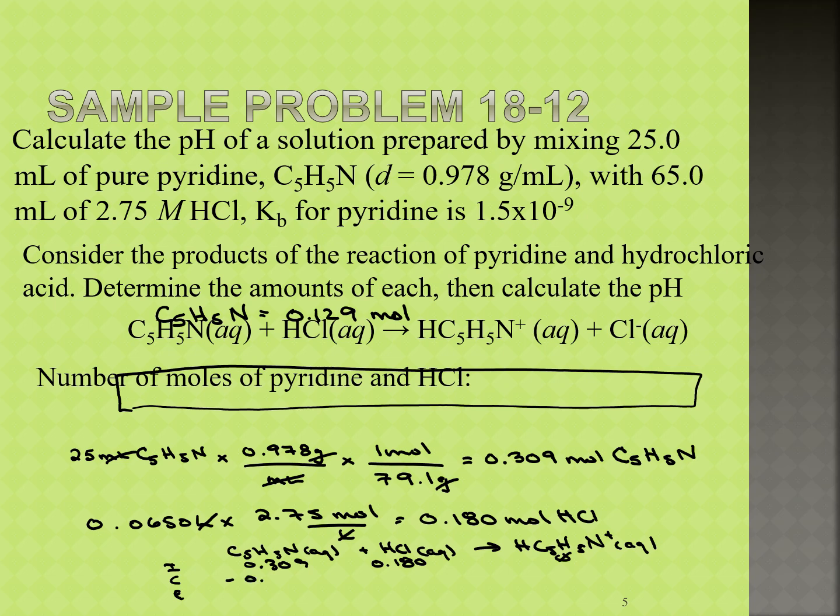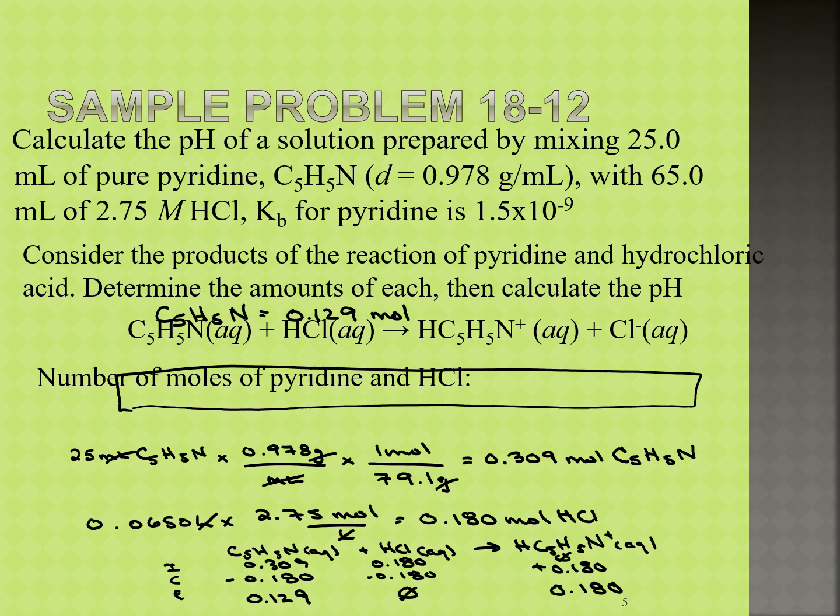These are both going to go down by 0.180. This is going to go up by 0.180. And so we're going to end up with 0.129, none of that, and 0.180 there. So I've got my pyridine, which is a weak base, and I have its conjugate acid over there on the product side. I have made a buffer.